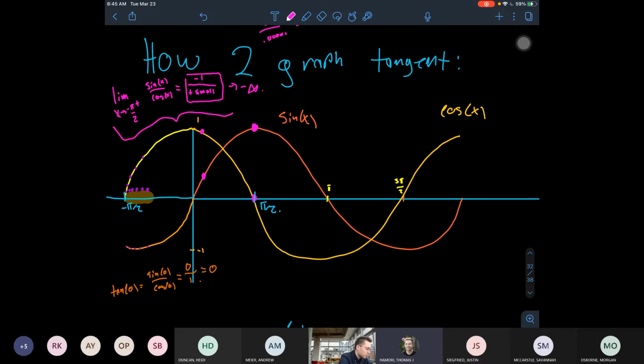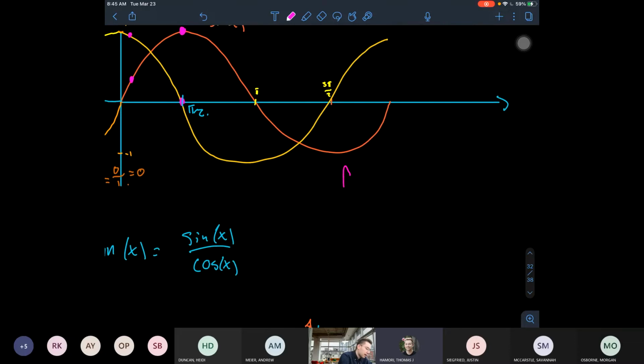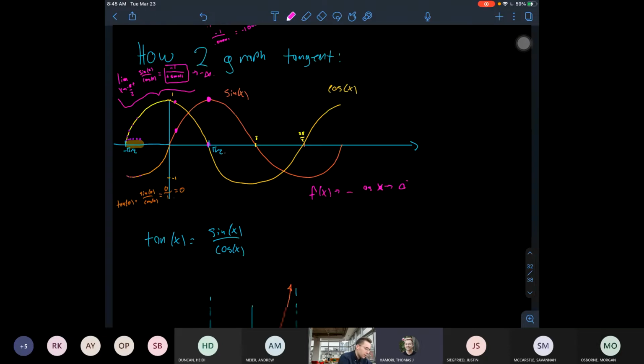You can use what the book does, and you can use the notation that was something like f of x goes to blank as x goes to a from the right. Actually, they use the a to the left and a to the right notation. So they use like a to the minus and a to the plus.